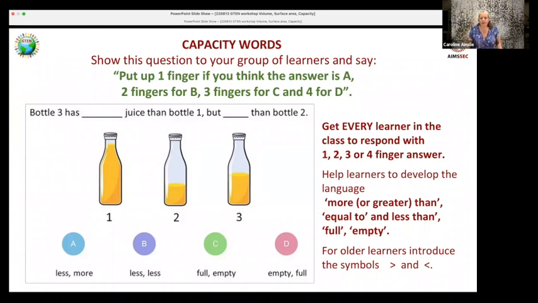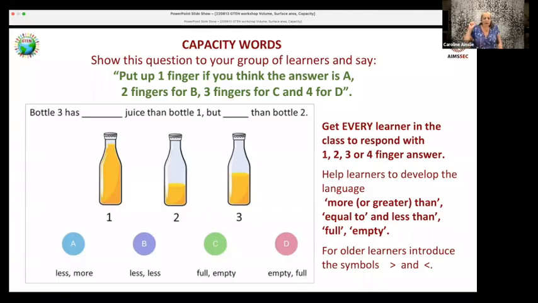So in this particular case, we want you to actually answer it. Go ahead and answer the question. Bottle 3 has, there are 2 words we're looking for, something juice than bottle 1, but something than bottle 2. So there are 2 words. Is it A, B, C, or D?